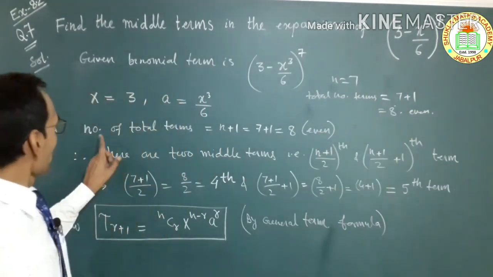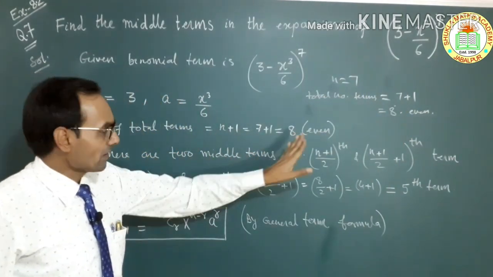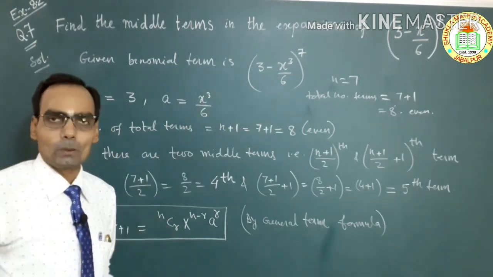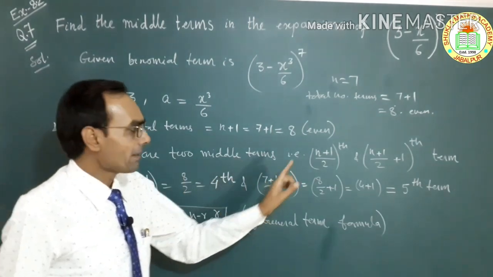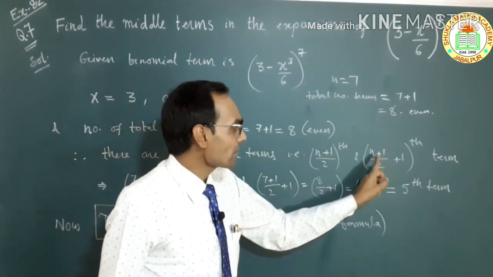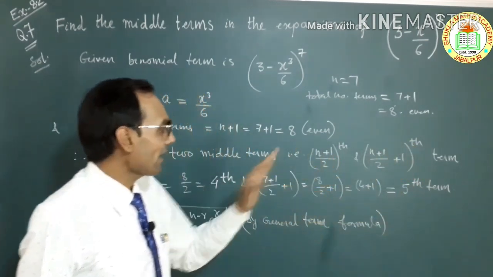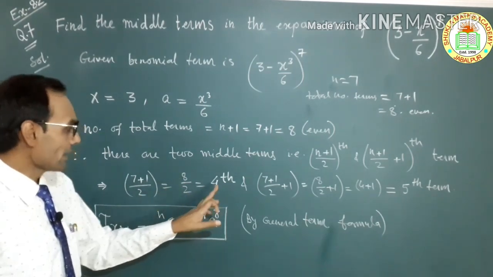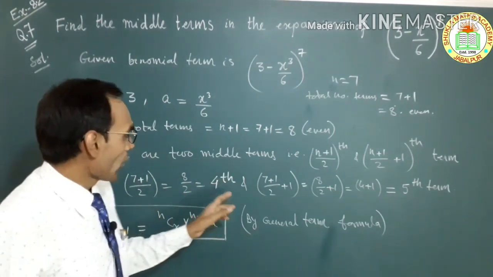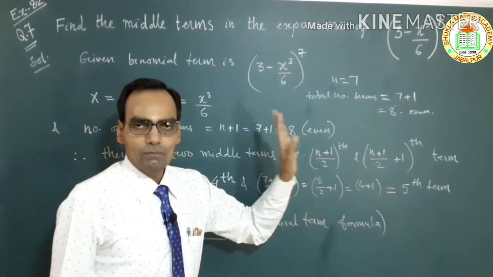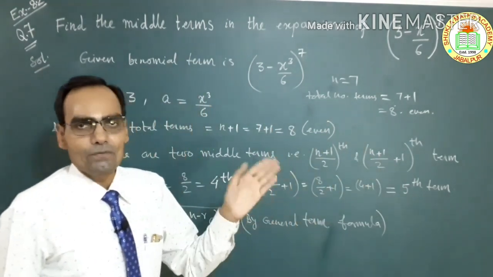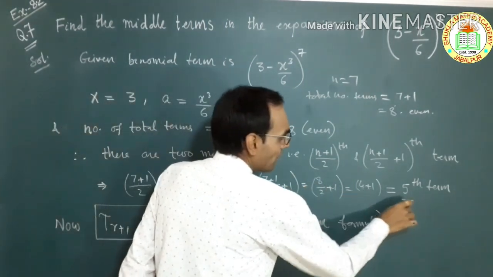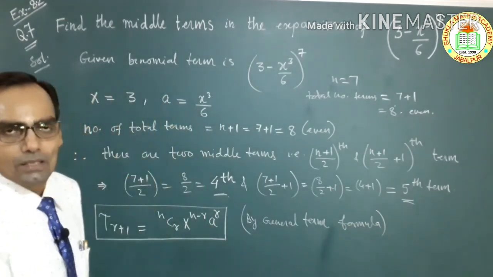So the total number of terms is 8, which is even, and there are two middle terms of this expansion. The two middle terms are the ((n+1)/2)th term and the ((n+1)/2 + 1)th term. Putting n = 7, we get (7 + 1)/2, that is 8/2, the 4th term. And similarly the next formula, (n+1)/2 + 1, that is 4 + 1, gives the 5th. So our middle terms are the 4th term and the 5th term of this given binomial expansion.